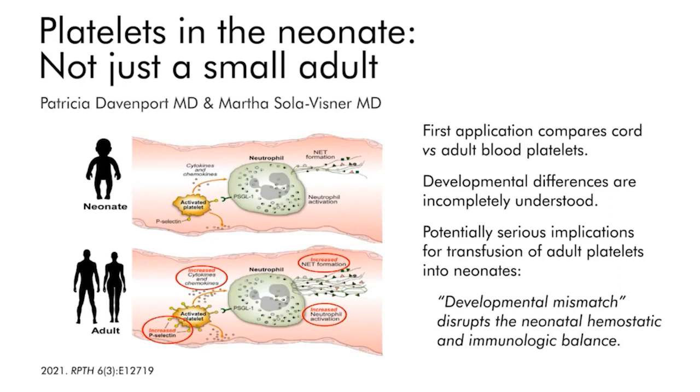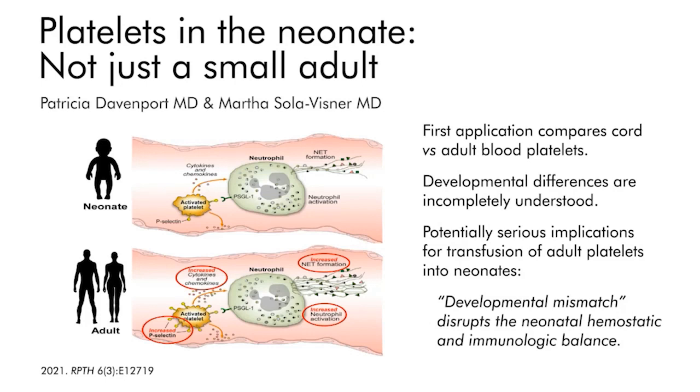So with a robust assay in hand, together with our collaborators at Boston Children's Hospital, Patricia and Martha, we used our assay to compare platelets obtained from cord blood to those obtained from adult peripheral blood. And our collaborators work in neonatal ICU, where preterm infants sometimes require blood transfusions, and this blood normally comes from adult donors.